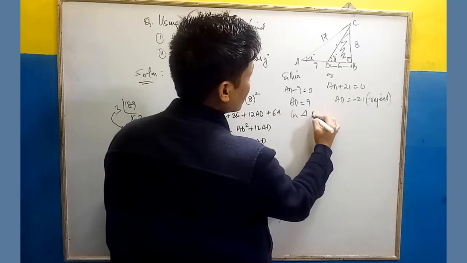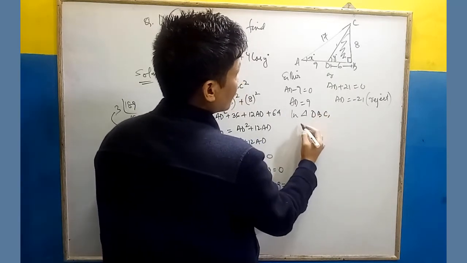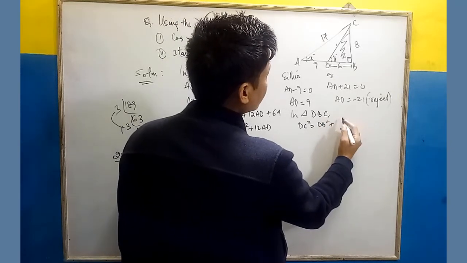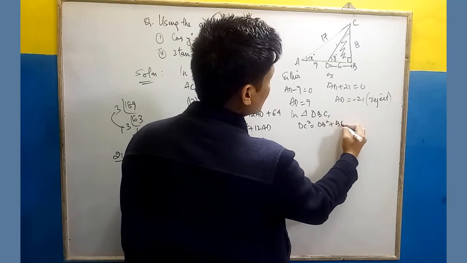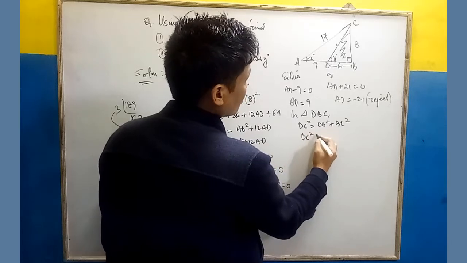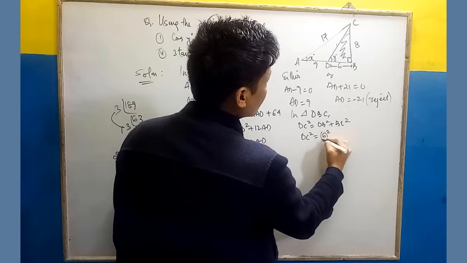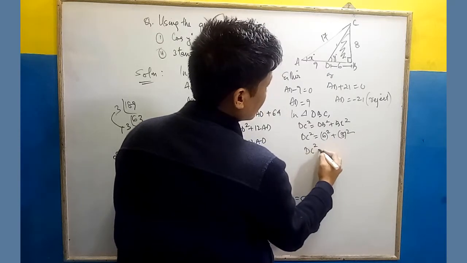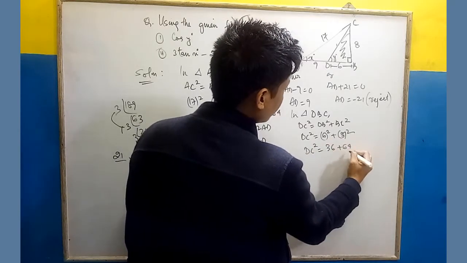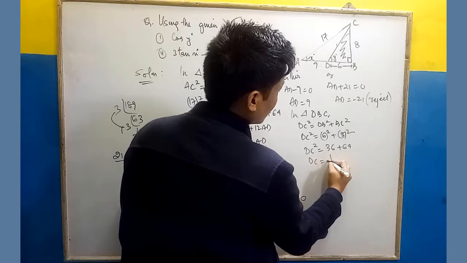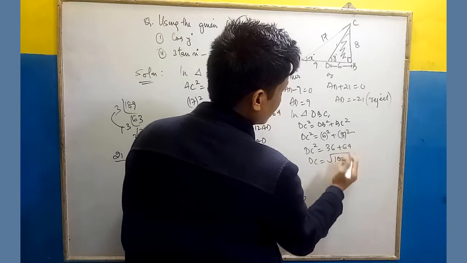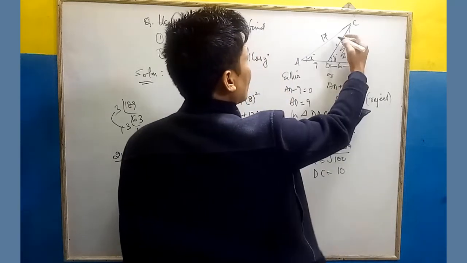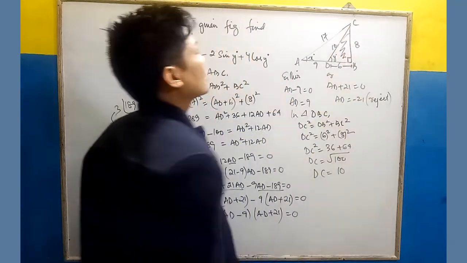So in triangle DBC, DC square will be DB square plus BC square. So DC square will be 6 square plus 8 square. So DC square will be 36 plus 64. So DC will be the square root of 100. So I got DC value to be 10.